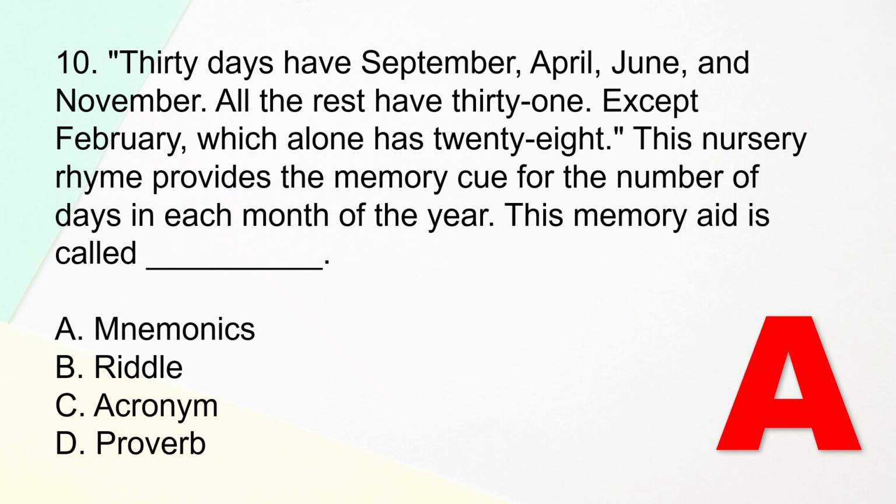For letter C, acronym is wrong because an acronym is a word formed from the first letters of a series of words, like for example, NASA. An acronym is not a rhyme. Proverb is a short, traditional saying expressing a general truth or advice, not necessarily a memory aid. So the best answer is letter A.